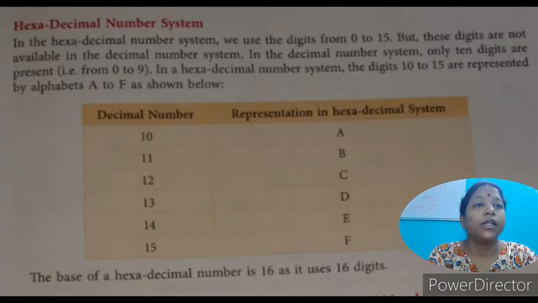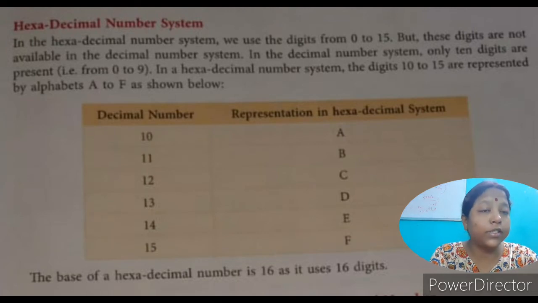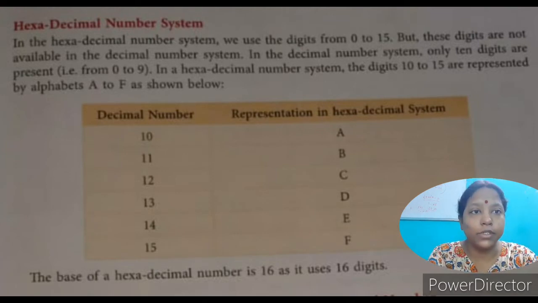In the decimal number system, only 10 digits are present. We already know that in the decimal number system there are only 10 primary digits, 0 to 9.